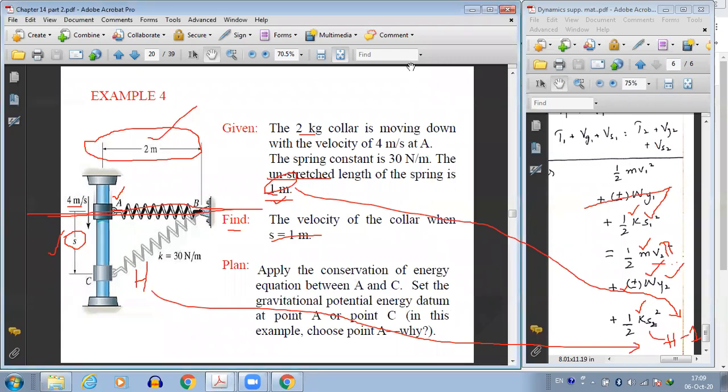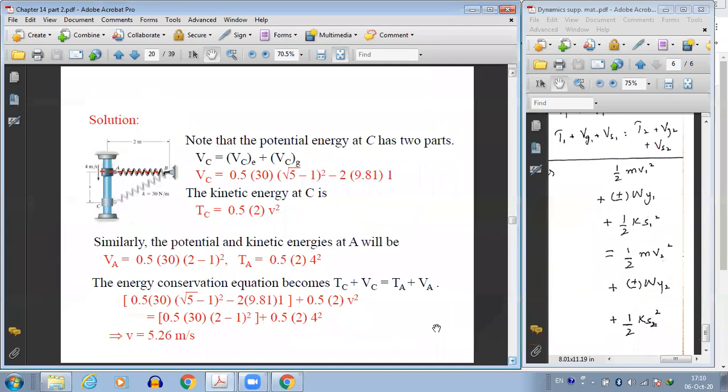Let's move ahead. So you see here, they also took the datum at A. So we can find the potential at C, and in the same way, then kinetic energy, then potential at A, kinetic energy at A, then summation of everything.